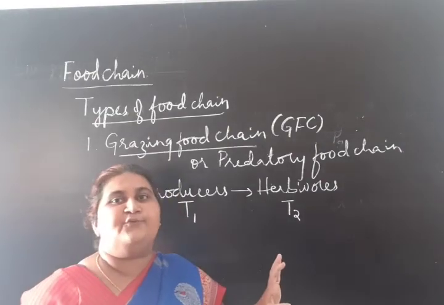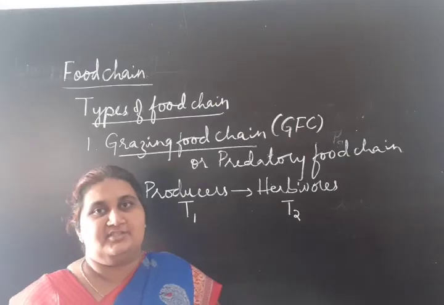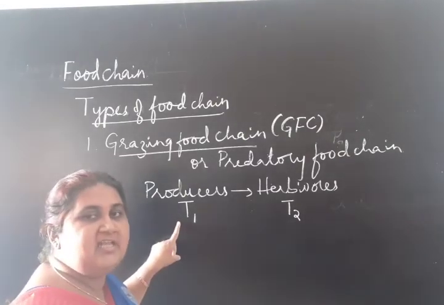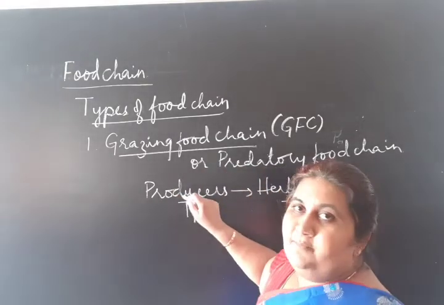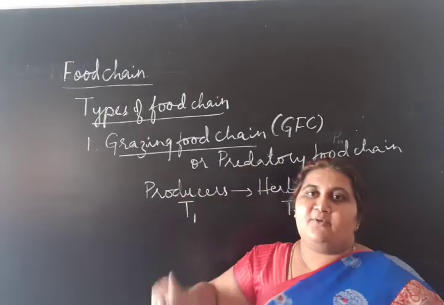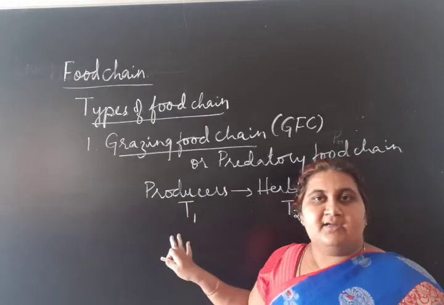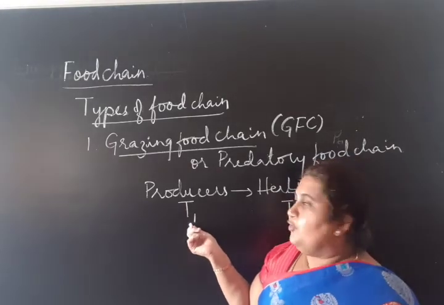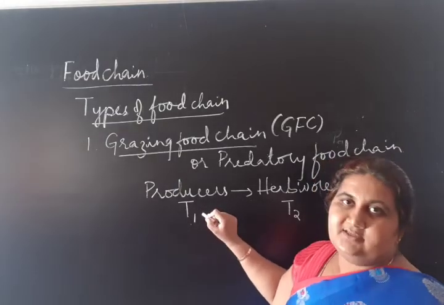The grazing food chain depends upon solar energy, because energy transfer begins from the producers, and producers depend upon the sun, solar energy, for photosynthesis. So energy is obtained from the sun.